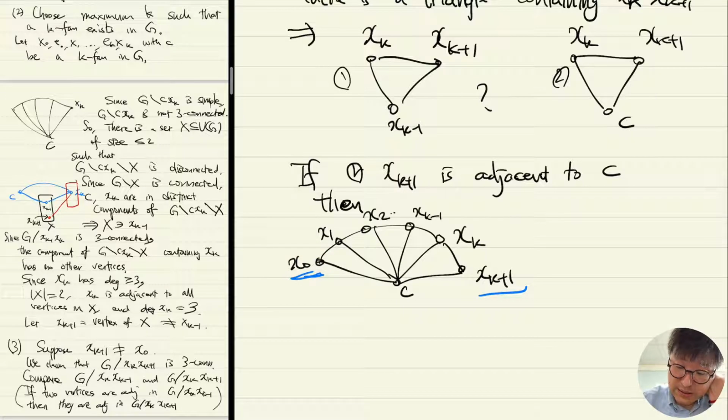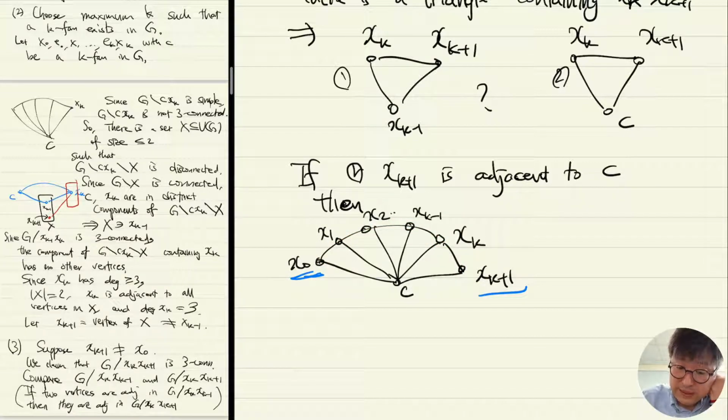Is it clear? Because the neighbors of xk are only these three vertices. And I know that all these vertices are distinct, and xk is not adjacent to any of these, so therefore xk plus 1 is not equal to any of them, right? xk has degree 3, so indeed this is a path.